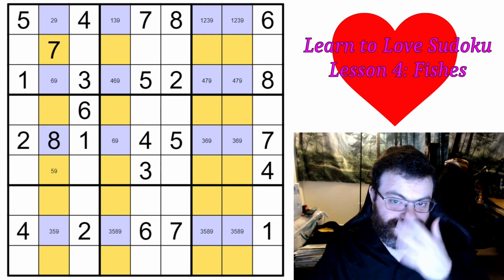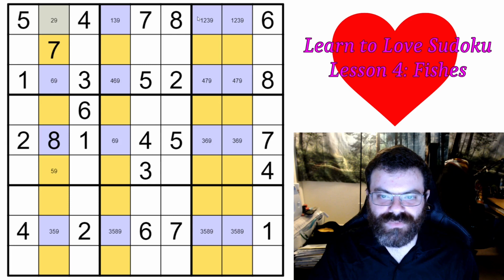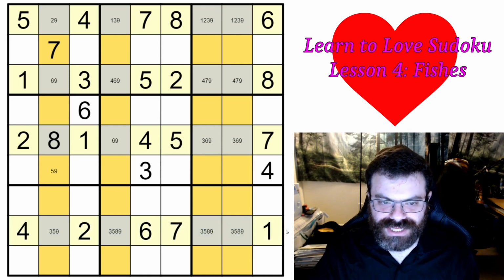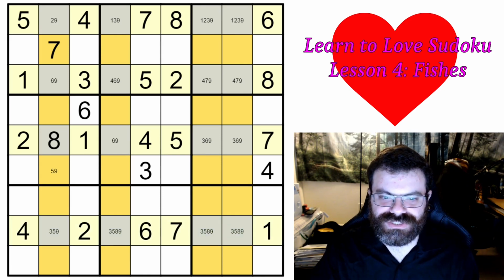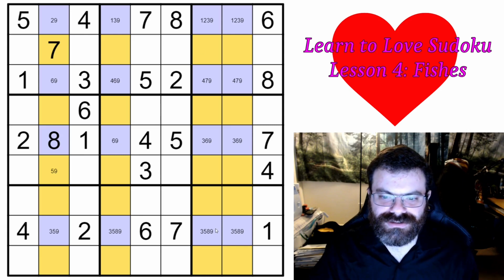And so here, what you can see is, if we look at where 9 can go again, in row 1, row 3, row 5, and row 8, the 9 is restricted to column 2, column 4, column 7, and column 8. And so in 4 rows, the digit 9 is restricted to the same 4 columns.